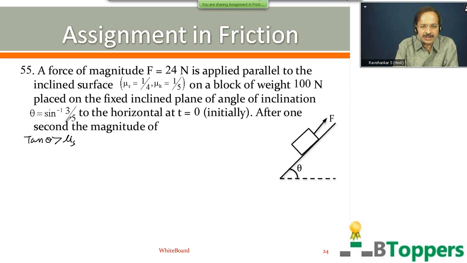You can check tan theta, you will get 3 by 4, coefficient of static friction 1 by 4. So tan theta is more than the coefficient of static friction, so the block will be at rest on the inclined plane.